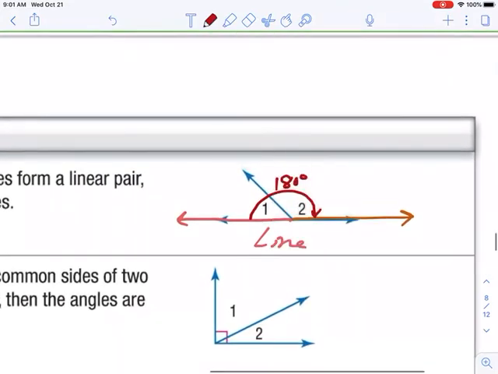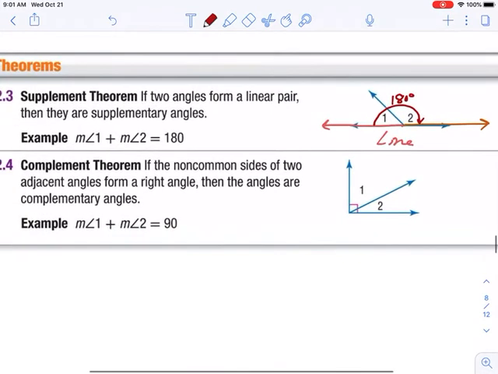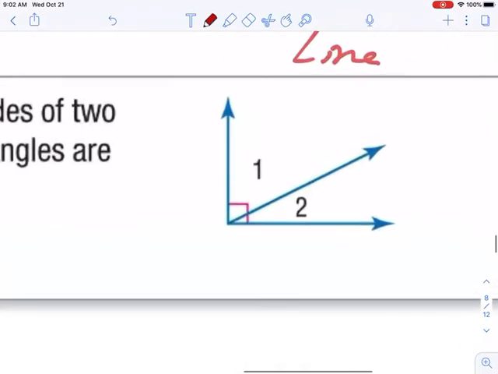Non-common side forms a line means they're supplementary. Okay, the complement theorem: non-common sides of two adjacent angles, they have to be adjacent, of course, form a right angle, then the angles are complementary. Well, of course.